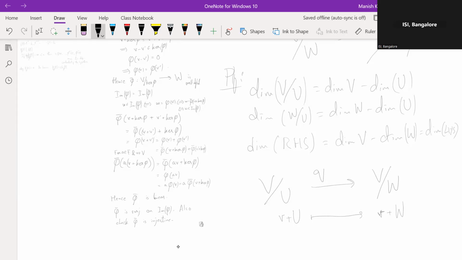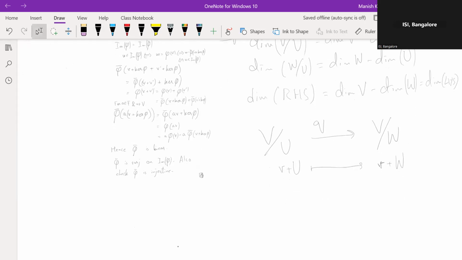So you'll have to check that this is first of all well defined and linear and so on. Linearity will be straightforward. We just check because it's close to the identity map. So the identity map we know is linear. So let's just check it's well defined. Let's say V plus U is equal to V prime plus U. So what does that tell us?